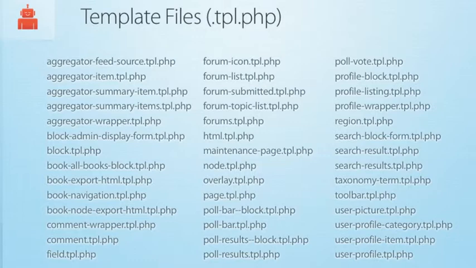There is also an associated function for node TPL. That would be your theme preprocess node. This is an entire list. There are many more, as each contributed module can create new template files, and therefore you have the ability to create a preprocess function for each of those, where you're allowed to change existing variables or add new variables.